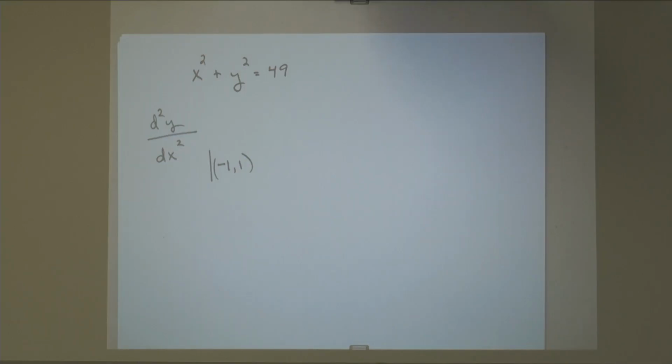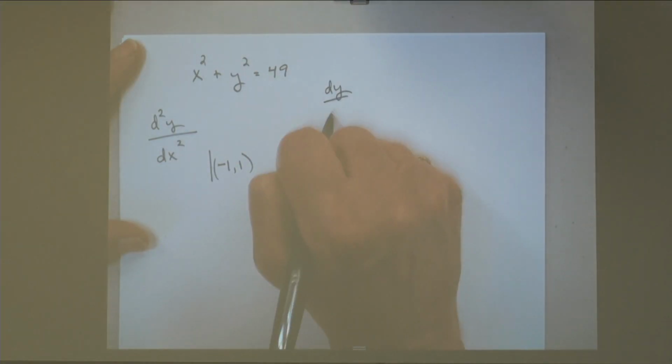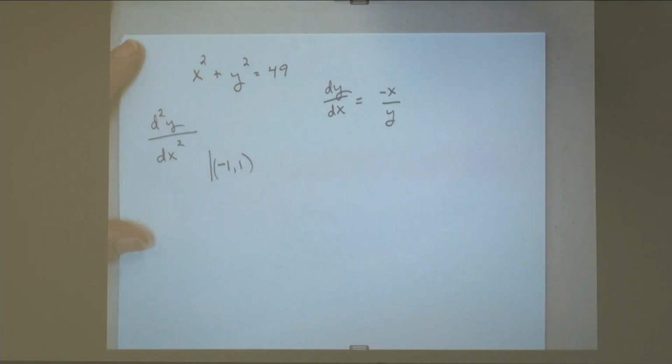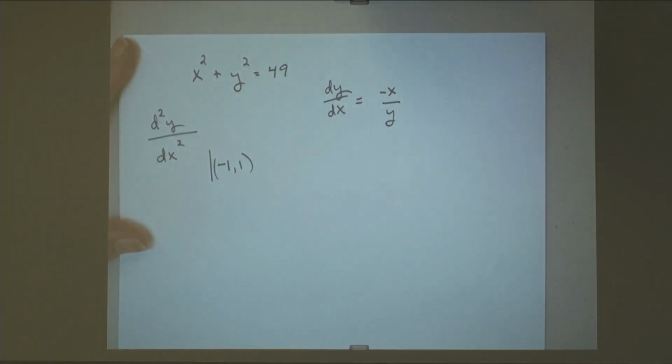All right, hopefully you memorized when we talked about this the first time that the derivative of a circle is negative x over y. And that'll save you some time.